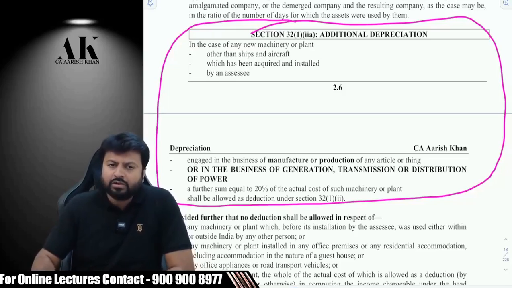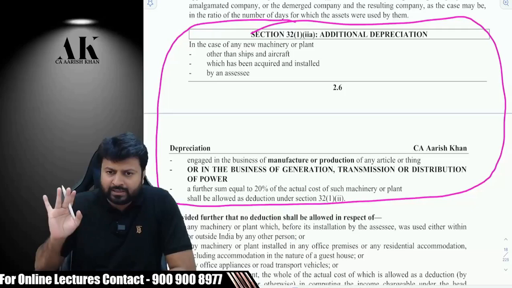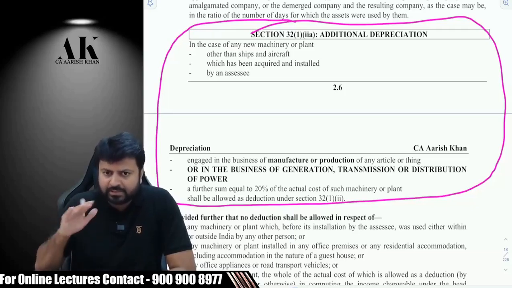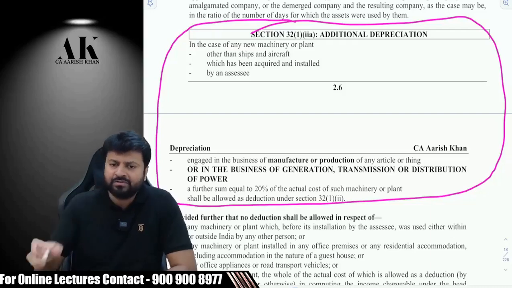I request you all to go through this section once. I just made a casual read. I have not explained anything. I want you all to read whatever I have read so far, which is there in this circle. Just read it once, and then we will have an in-depth discussion of this particular provision.